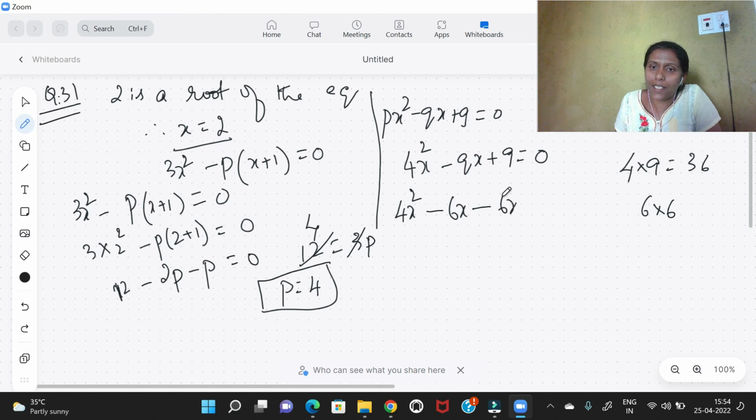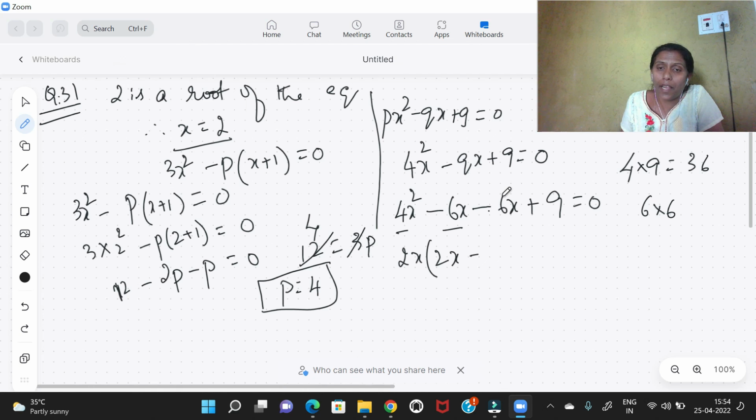So minus 6x minus 6x, and minus into minus is plus 6 into 6 is 36, we got that. And minus 6 and minus 6 will be a minus value, and q can be 12. We'll see that later. Next, out of 4 and 6, 2 is common and x is common. So it becomes 2x minus 3. And again here, out of 6 and 9, 3 is common.